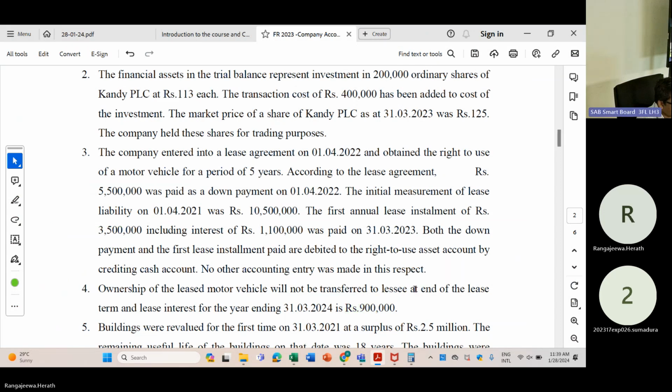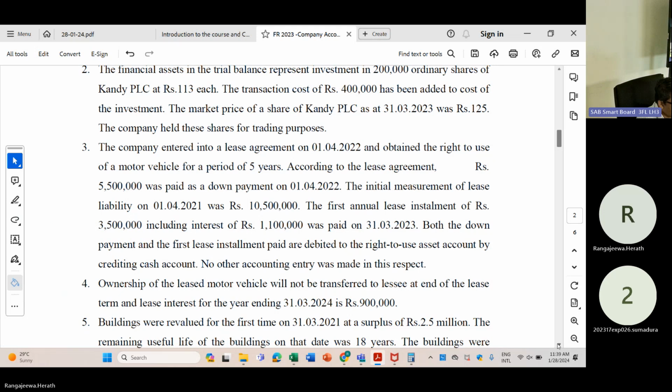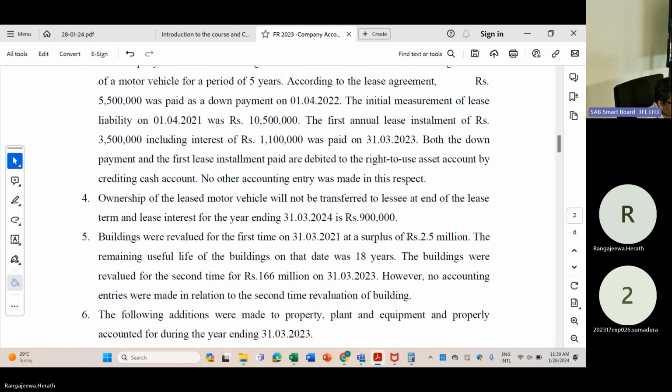Now the fifth one. The building was revalued for the first time in the previous year, 2 years back, and resulted in a 2.5 million surplus. The remaining useful life is 18 years from that revaluation.